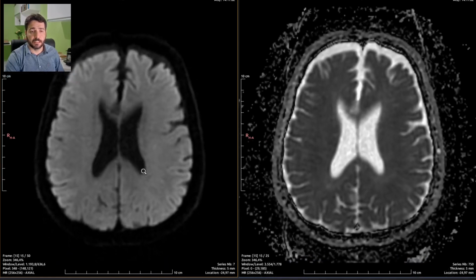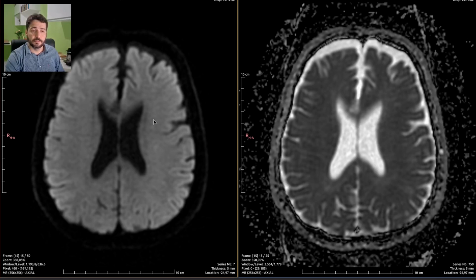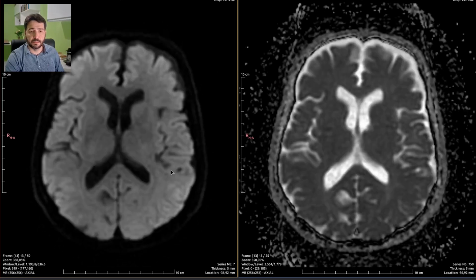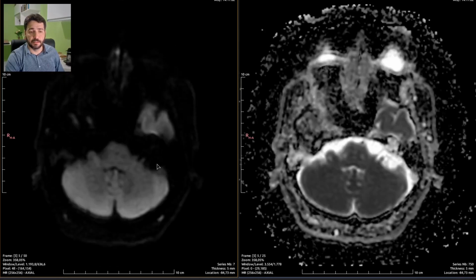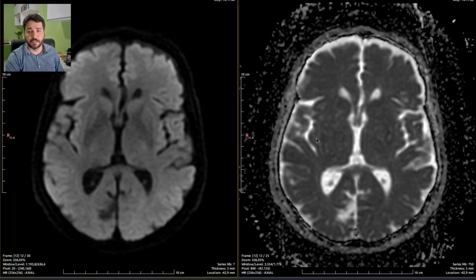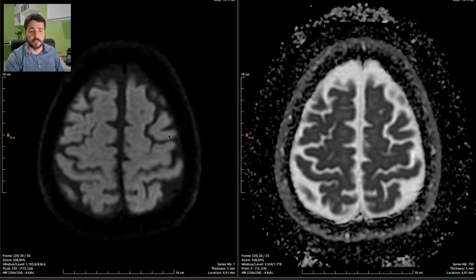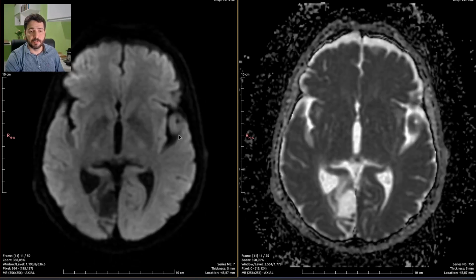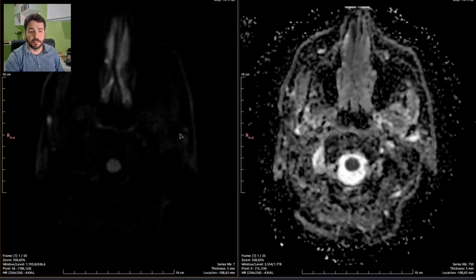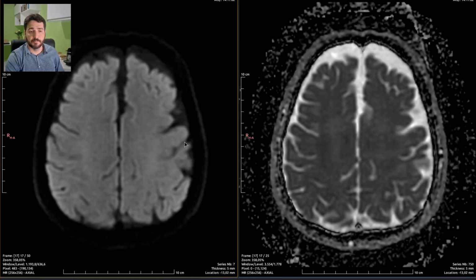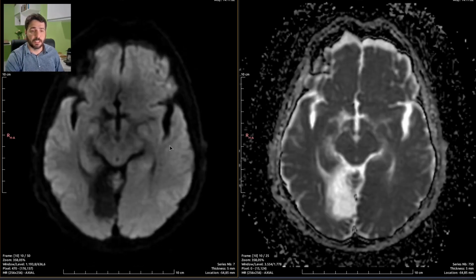If we had an acute stroke, we would be able to see bright areas on the diffusion weighted image and very dark areas on the corresponding sites on the ADC map companion. So we have no signs of acute stroke, just a scar of a previous stroke.